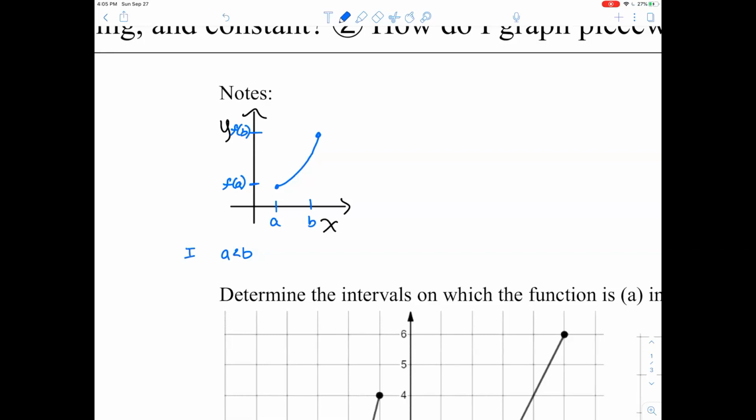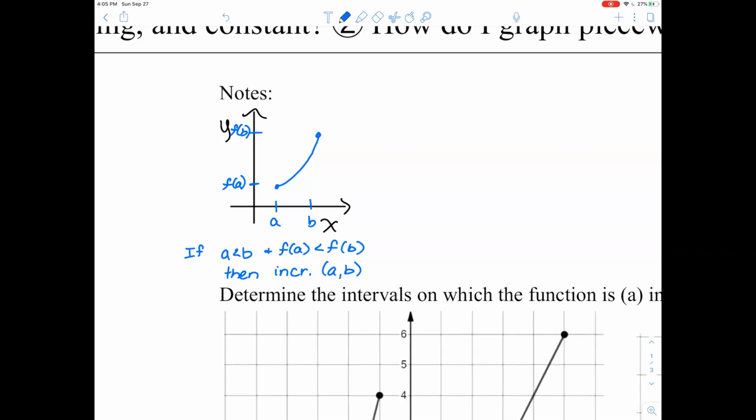So if A is less than B and the value of the function at A is less than the value of the function at B, then the graph is said to be increasing over the interval between A and B. Now that's the tricky part.